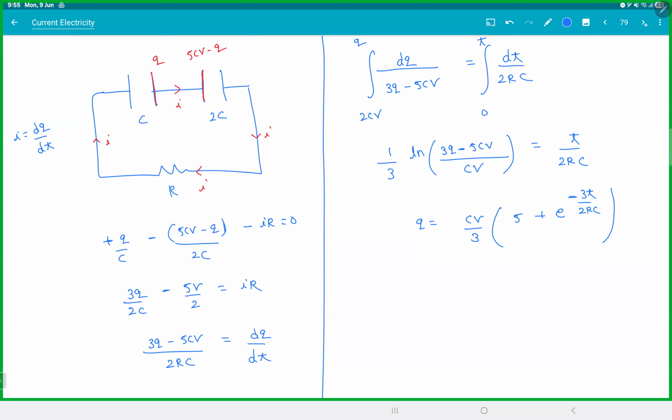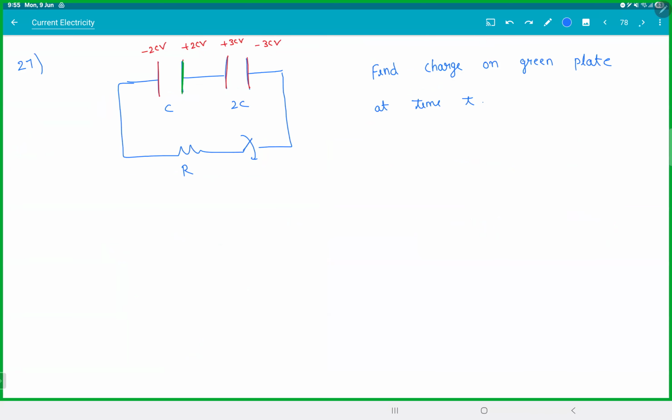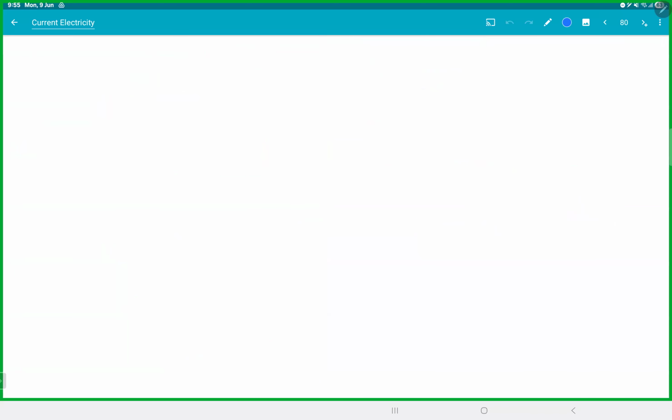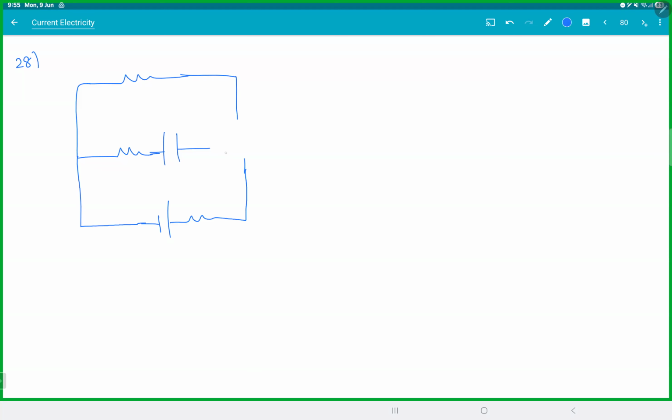Got the steps, no? Check it out. Next one. So let's say we have a circuit like this. This is R3, R2, R1, V, capacitance.